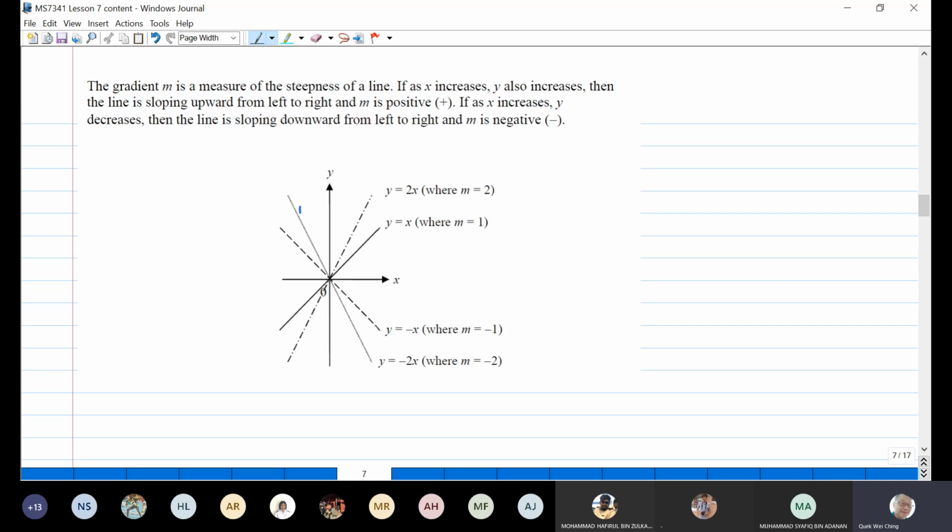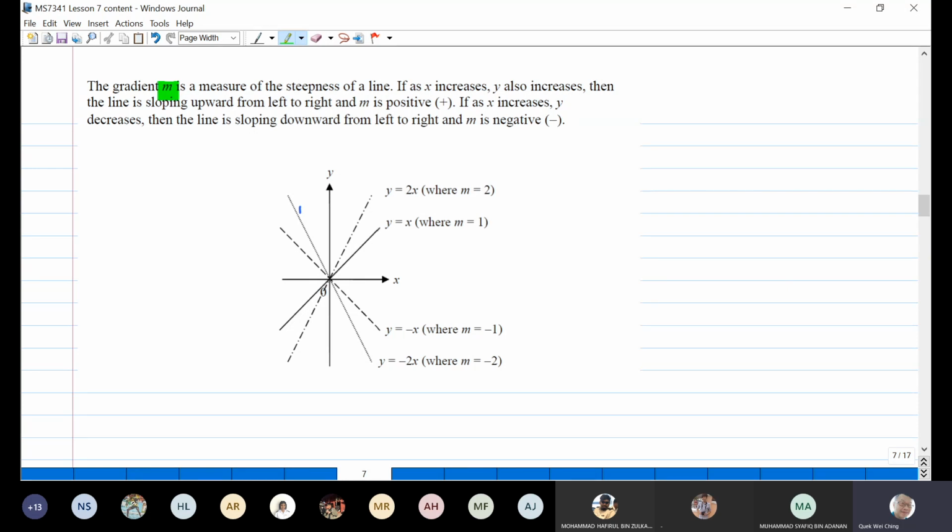So now I'm going to explain to you the meaning of the gradient. The value m here is the gradient. So let me show it, m is the gradient, right?